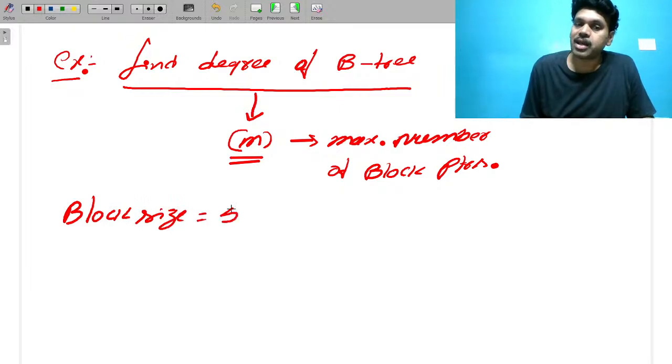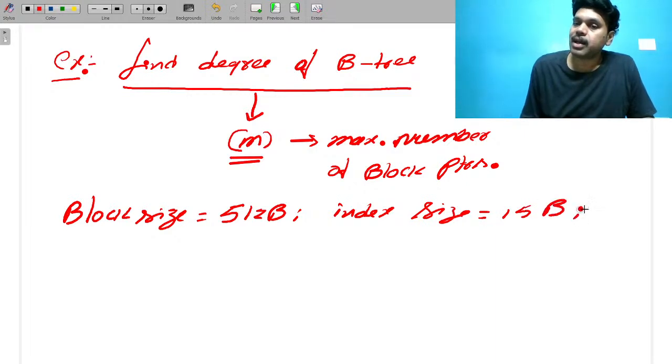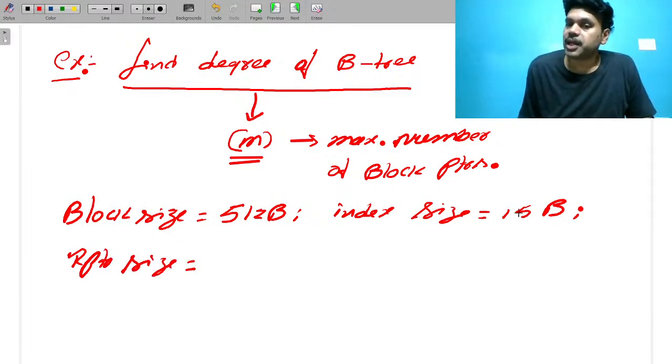If I am saying the block size is 512 bytes and the index size is 15 bytes, and the record pointer size is, let me give you a bit lesser, 9 bytes.